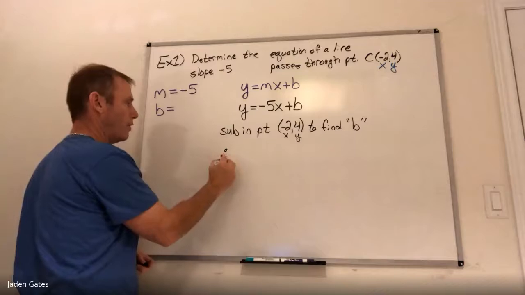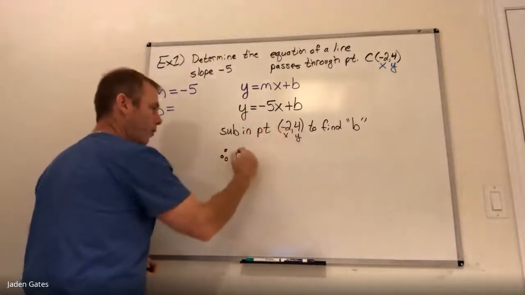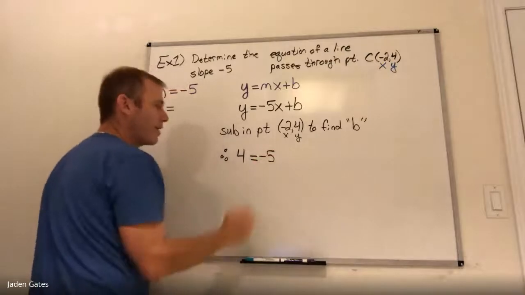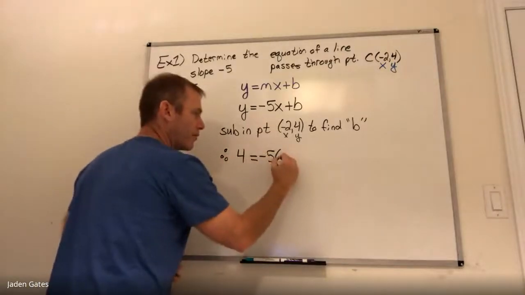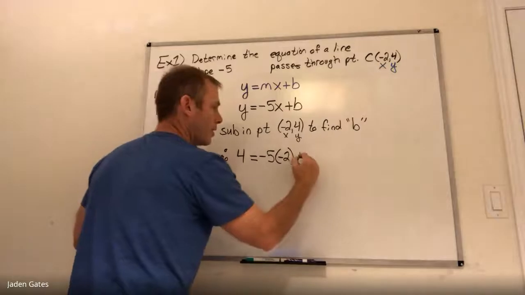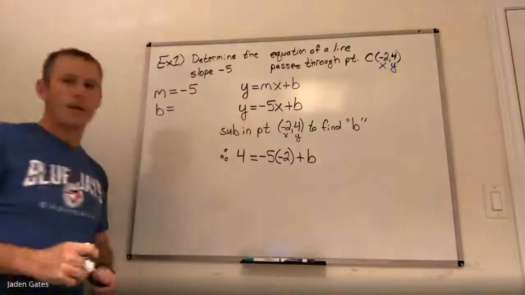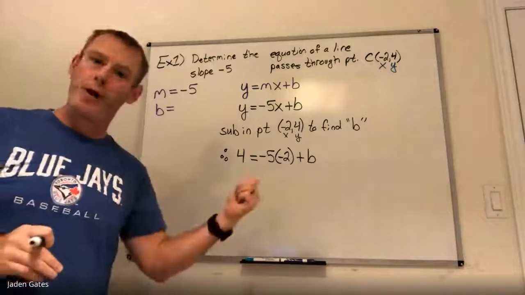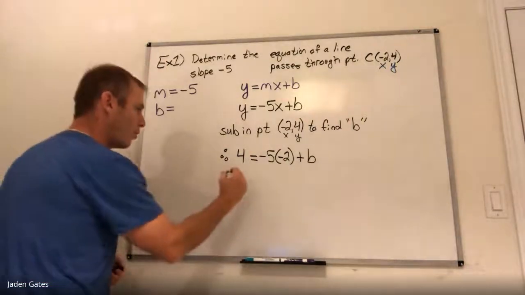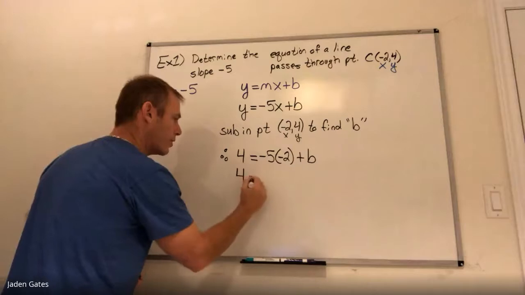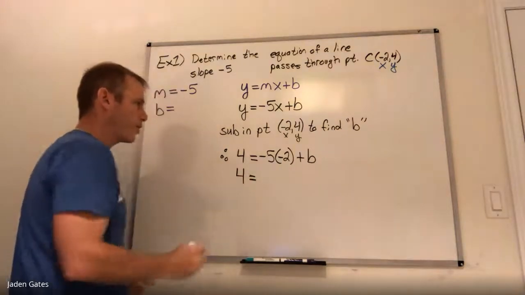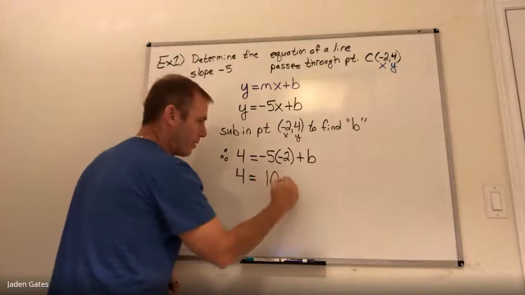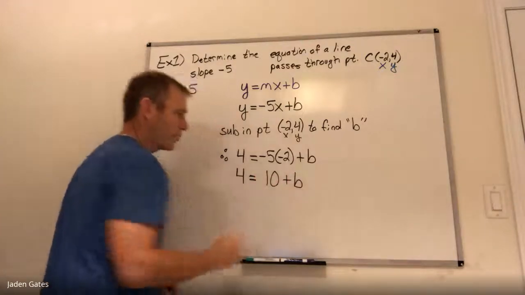Therefore, 4 is equal to my slope, -5, times the x value, -2, plus my b. Because I subbed in an x and a y that work, now I can find my b. Just rearranging this equation, I have 4 on that side, nothing's going to change there. A -5 times a -2, that's a positive 10, plus b.